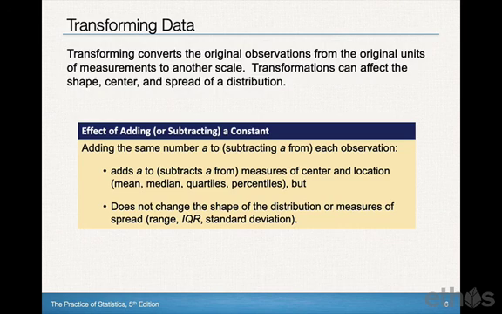So if you add a number to each measure, then it's simply going to add that same number to each of these different statistics and any other measure of center and location that you care to use. If you were to add or subtract, by the way, it would not change the shape or the spread.